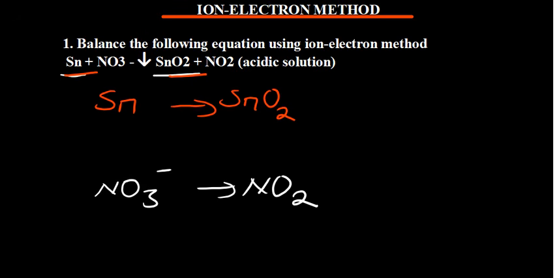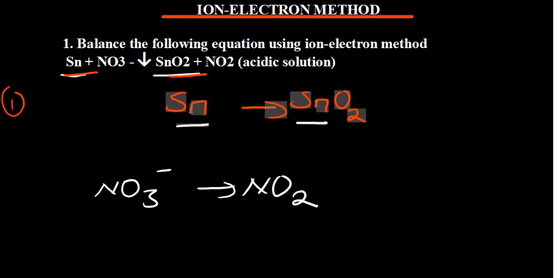Okay, so let's try to balance it now. If you look at the first half reaction, we need to balance the other atoms, other than oxygen and hydrogen. So we have this, which is already balanced. We just have to balance oxygen now. We balance oxygen atoms by adding water molecules, so we'll add 2 water molecules on the left.